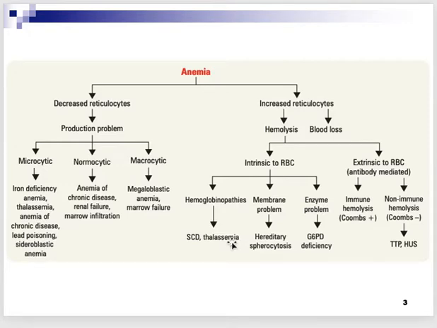Now for alpha thalassemia, remember A for alpha, A for Africa and A for Asia. So remember alpha thalassemia is more common in Asia and Africa. And beta thalassemia, same like SCD, sickle cell disease, is more common in Mediterranean people.